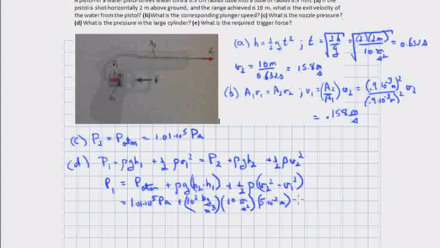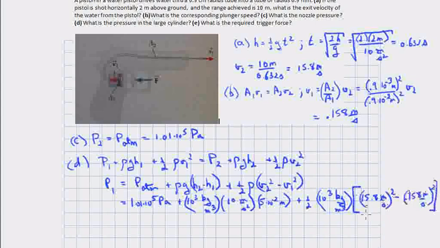And then this last term is going to be plus 1/2 times the density of water, again, kilograms per cubic meter, times v2 squared. So in other words, that's 15.8 meters per second squared minus 0.158 meters per second squared.